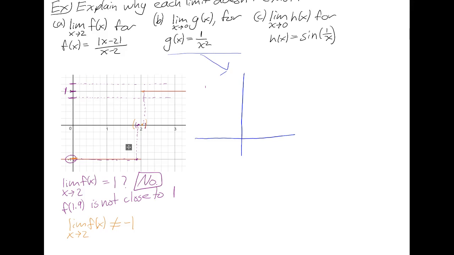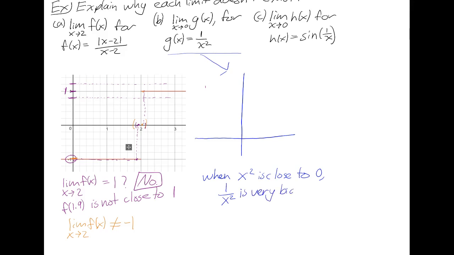So this is always going to be 1 divided by a positive number. And we also know that when x squared is close to 0, then 1 over x squared, that's going to be 1 divided by a small number.